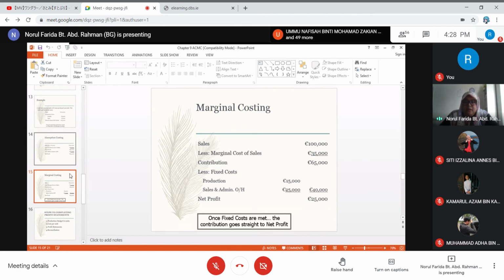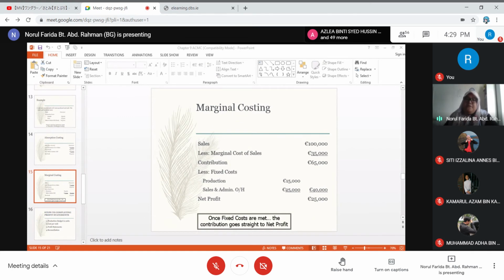Okay, using the same information for you to calculate your net profit, either using absorption or marginal, you will get the same net profit. However, that example itu tidak ada inventory. So bila tak ada inventory, the profit will be the same lah.